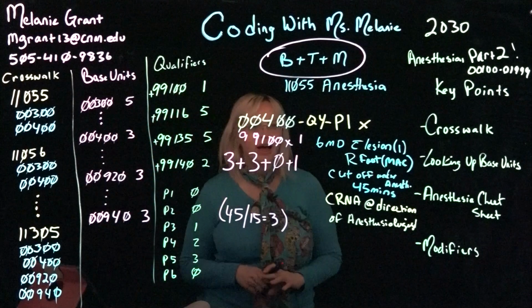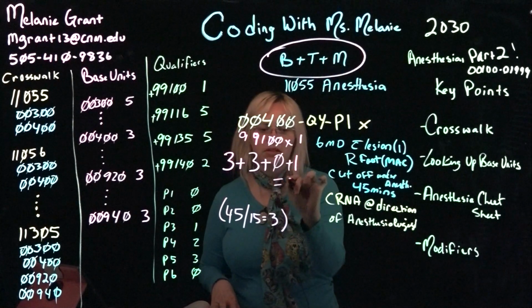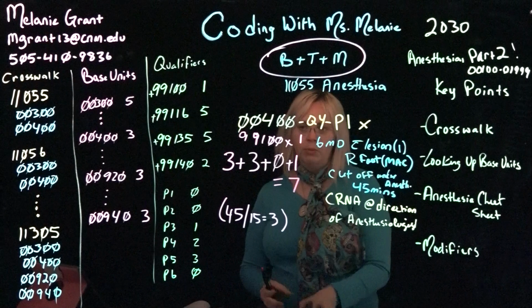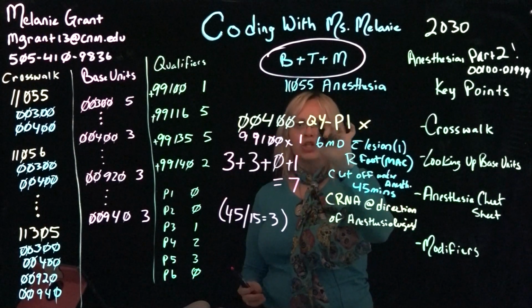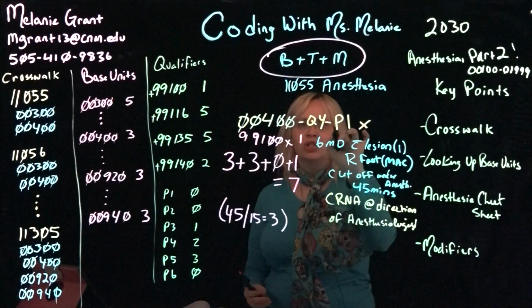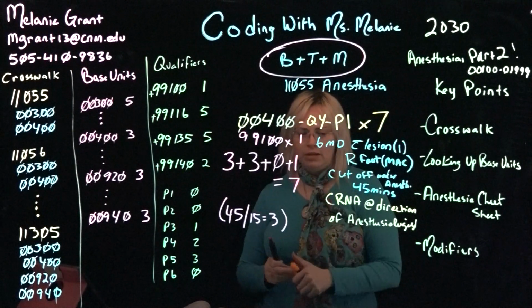So none of those apply. So now I'm ready to add these all together, and I'm going to have 7. So when I go back to my code, I'm going to have 00400-QY-P1 times 7. Okay.